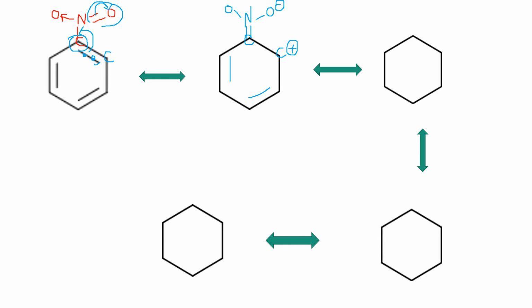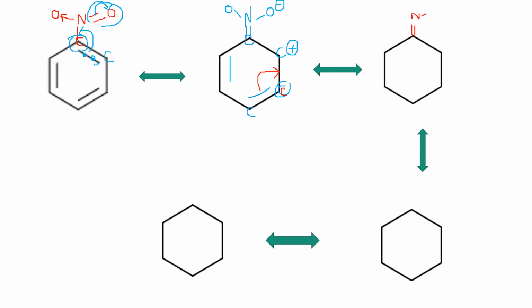Now this positive charge will attract electron density from here. This carbon, which is making a double bond with this carbon, will shift it on the other side where positive charge is. So this you will show the arrow from here to here, just that. That means the carbon which is here is making bond on the other side, the double bond. So I will be getting, this will remain as it is till the end.